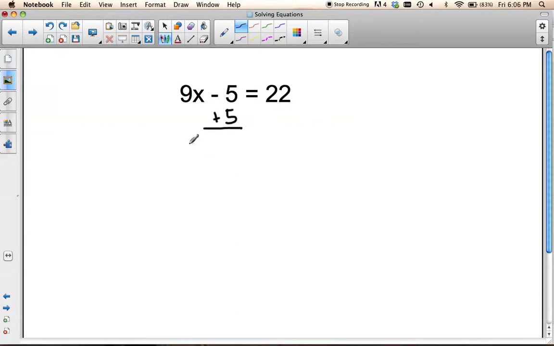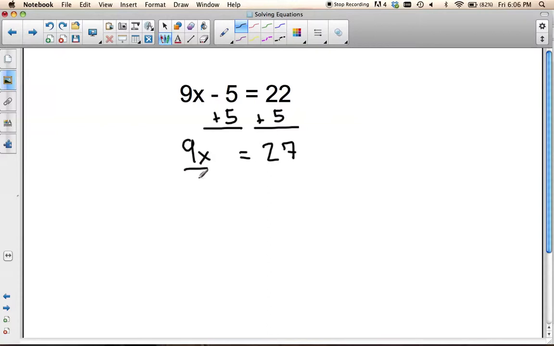I'm going to be left with 0 and 9x on this side. But if I just add 5 on this side to get 0, this side is going to be too heavy, so I need to create balance. So I have to add 5 on the other side of my equation, which means I'll have 27. Now again, I need to know what 1 out of 9 x's is.